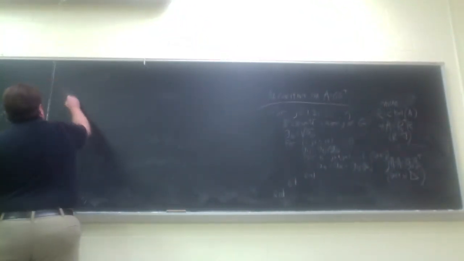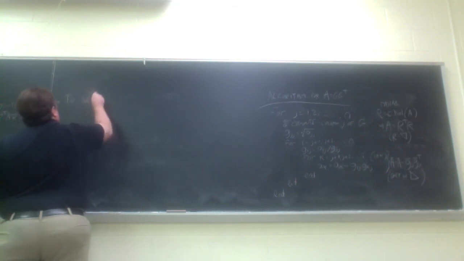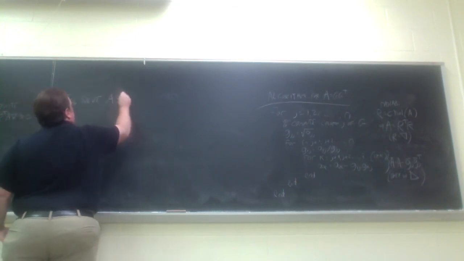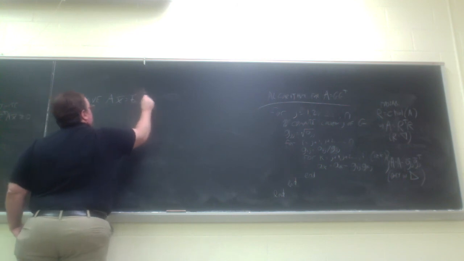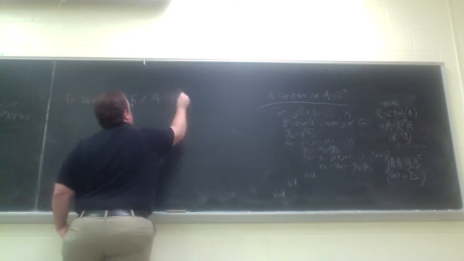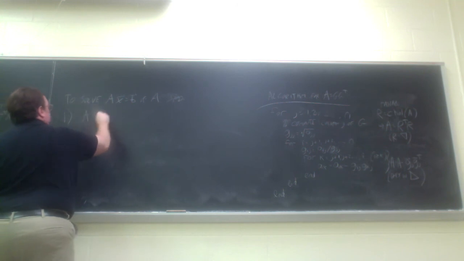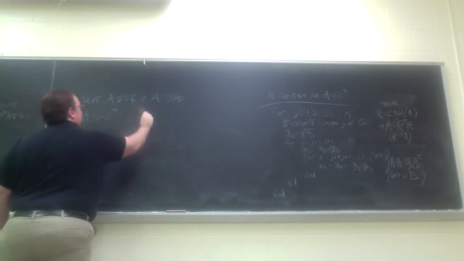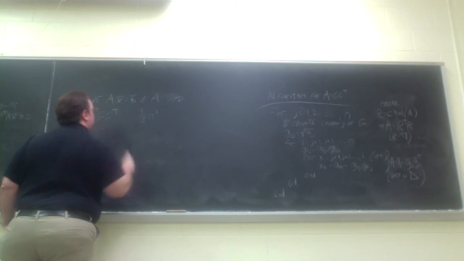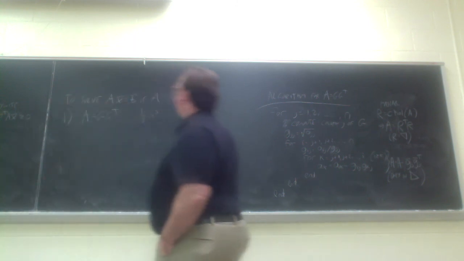Okay. So, to solve Ax equals b, if A is SPD, first you compute the Cholesky factorization, A equals GG transpose, and that takes 1/3 n cubed floating point operations.